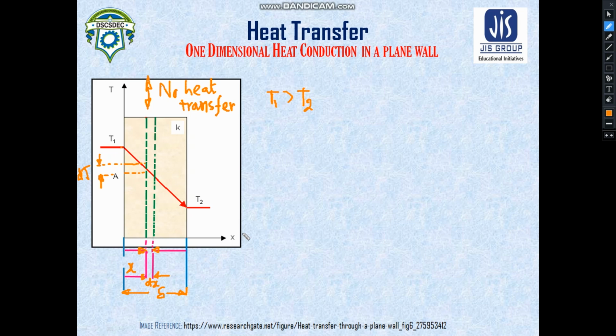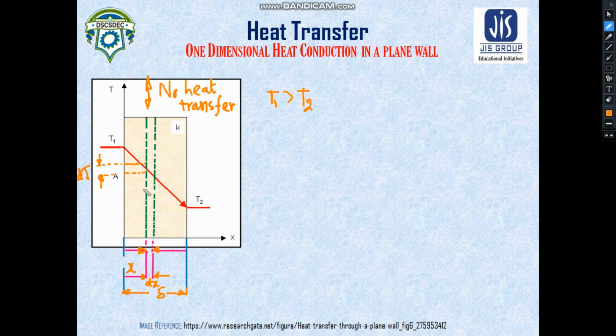So we have assumed that this plane wall has a thickness of delta. It has a thermal conductivity K, which is constant. That means we have already assumed that the material is isotropic and homogeneous, so this thermal conductivity is not going to change all over the surface.